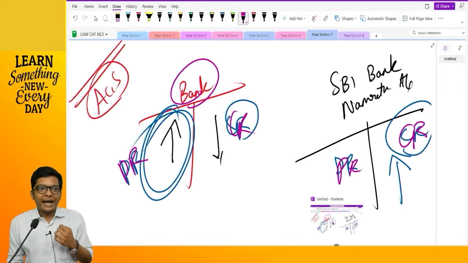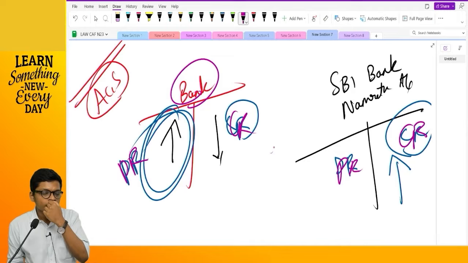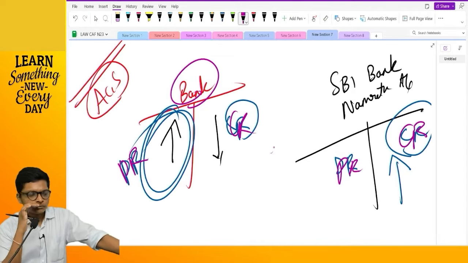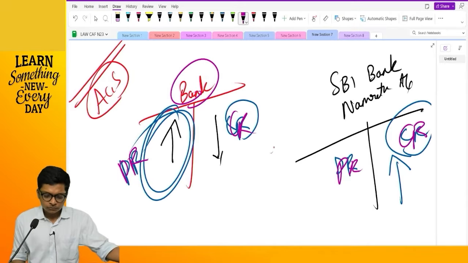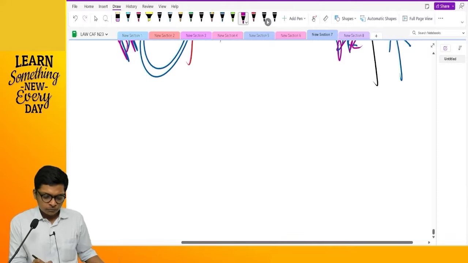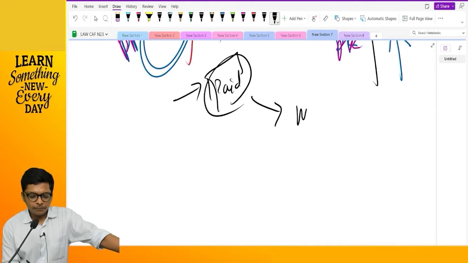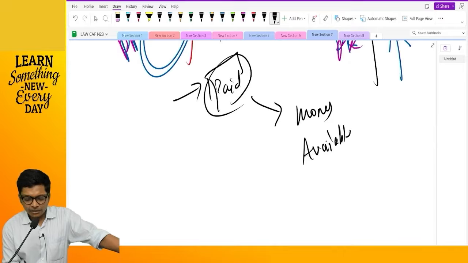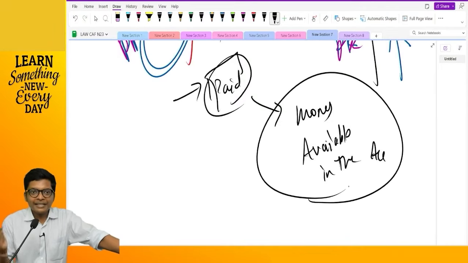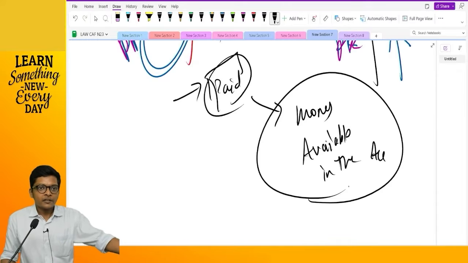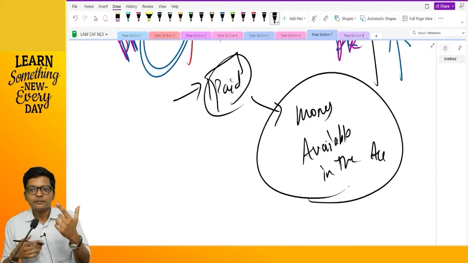Now the bank pays us interest. How much interest? 4, 5, whatever rate. It is paid on the money available in the account. If more money, interest is more. If money is withdrawn, interest will reduce.